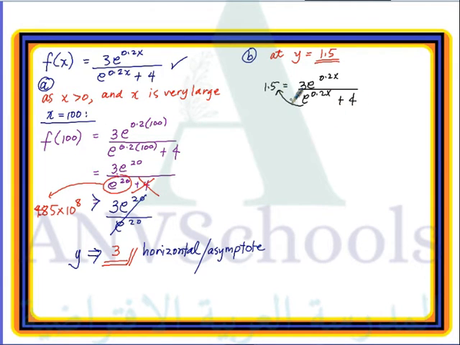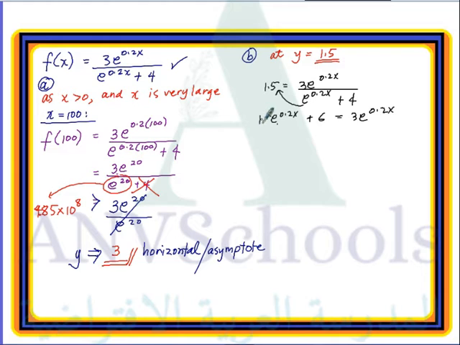Multiplying both sides by the denominator gives us 1.5 e^0.2x plus 6 is equal to 3e^0.2x. Okay, I'm sorry, this is not 15, this is 1.5.